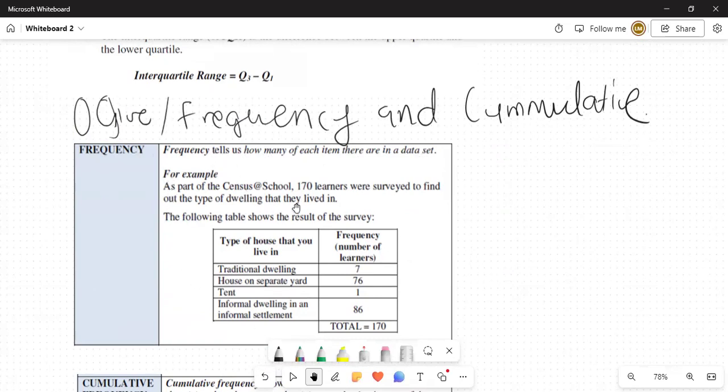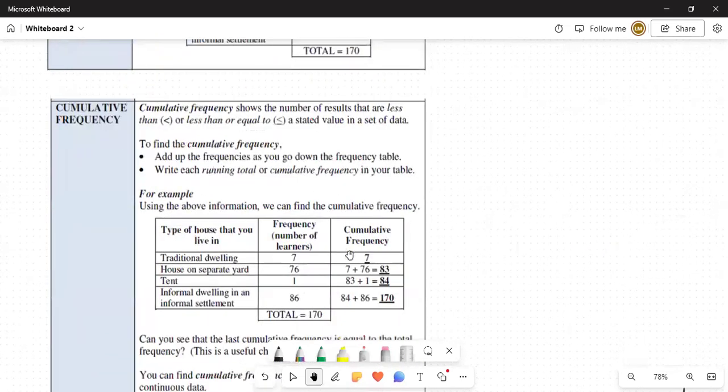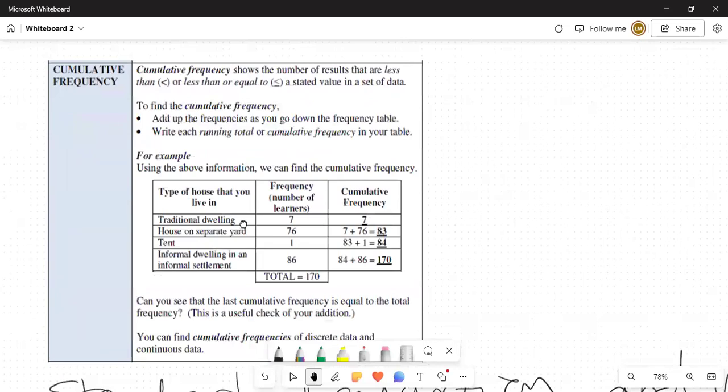This is part of a census of schools, specifically to find out the type of training that we give. And you can draw a polygon in terms of the frequency. Then you can represent it in terms of the cumulative frequency.